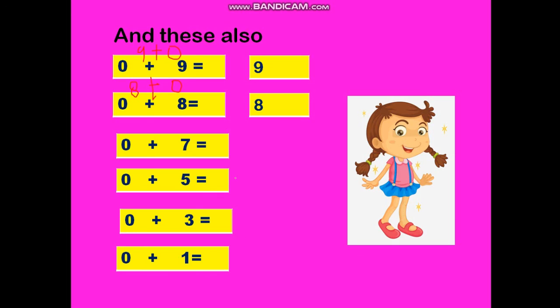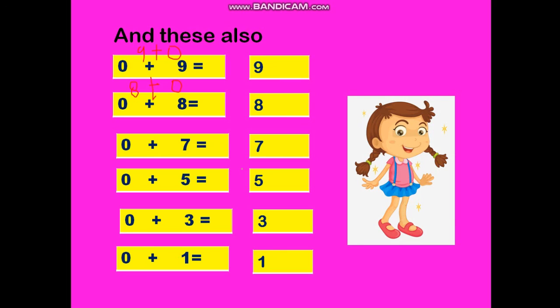Now next. 0 plus 7. Now you can give the answer directly. It is 7. 0 plus 5 is 5. The sum is 5. 0 plus 3 is 3. 0 plus 1. Sum is 1.